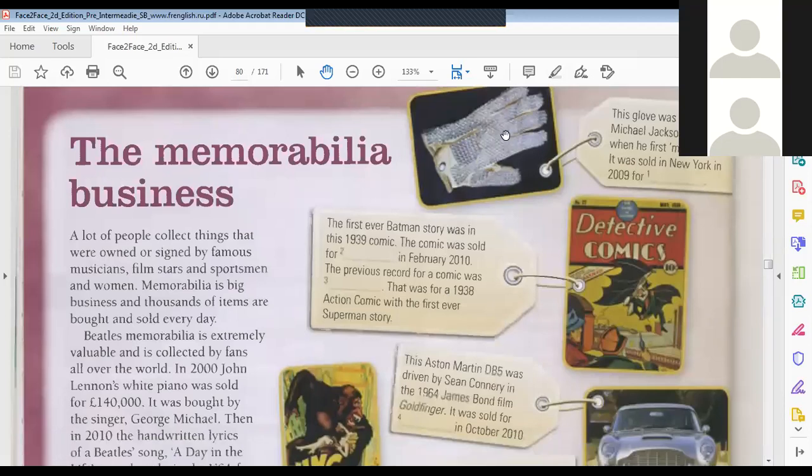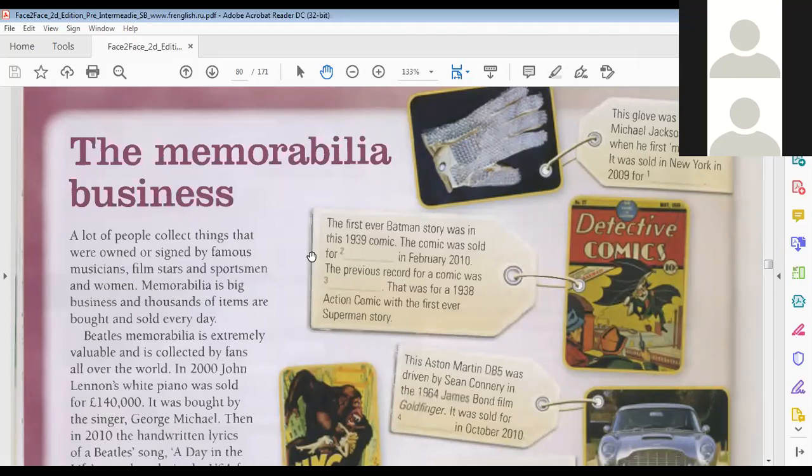Track 13. This glove was worn by Michael Jackson in 1983 when he first moonwalked. It was sold in New York in 2009 for £250,000. The first ever Batman story was in this 1939 comic. The comic was sold for £650,000 in February 2010.